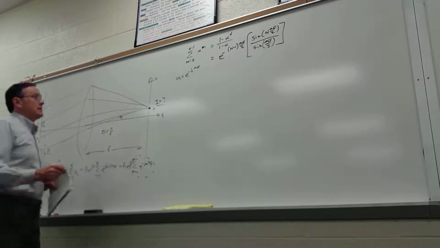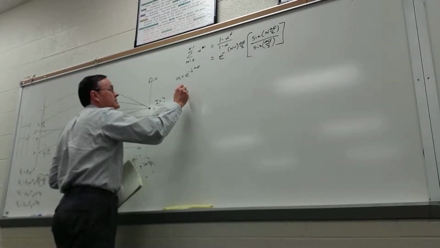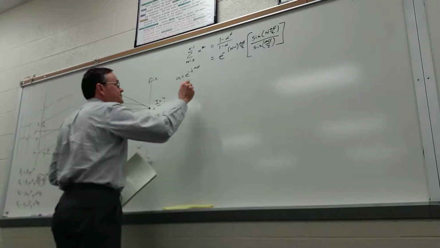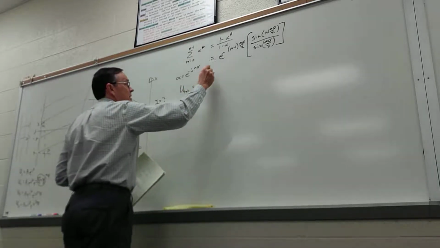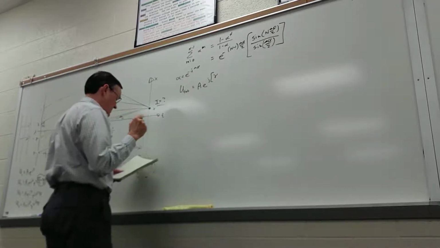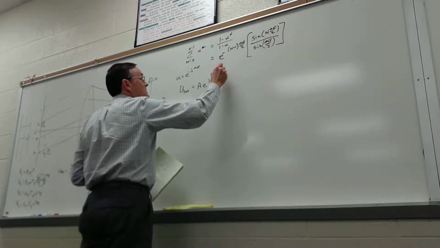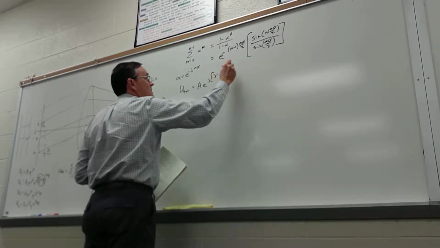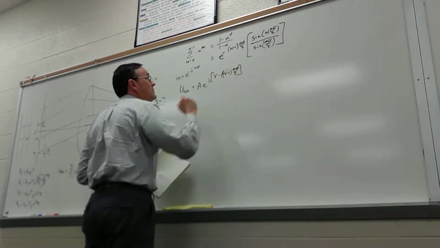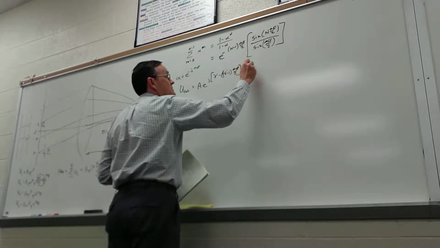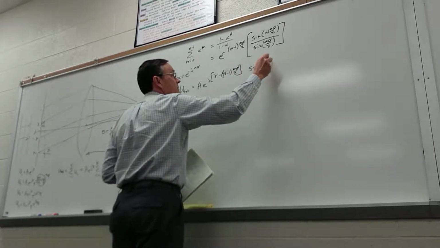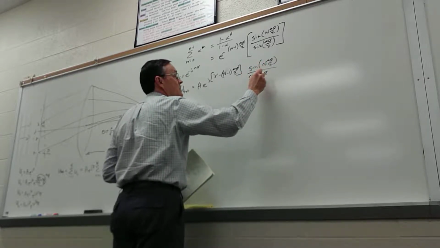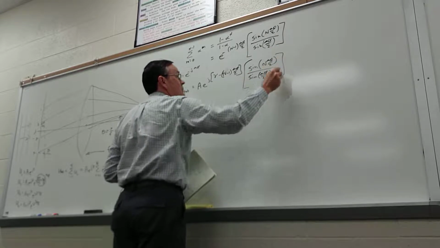So that means the total complex amplitude we can write as A e to the j gamma, and then we have e to the minus (n minus 1) delta phi over 2, and then sine of n delta phi over 2 over sine delta phi over 2.